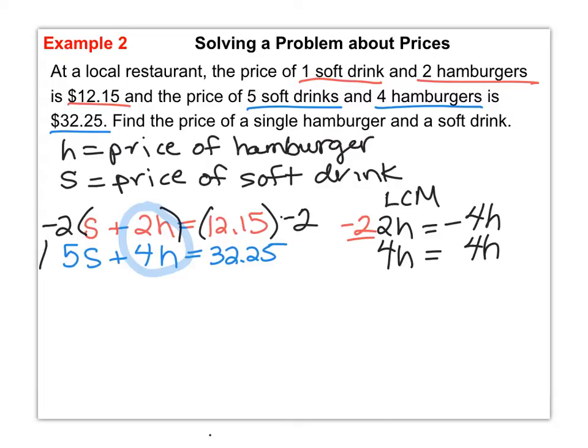And the resulting equation is negative 2S minus 4H equals negative $24.30. Now we are looking at these two equations.